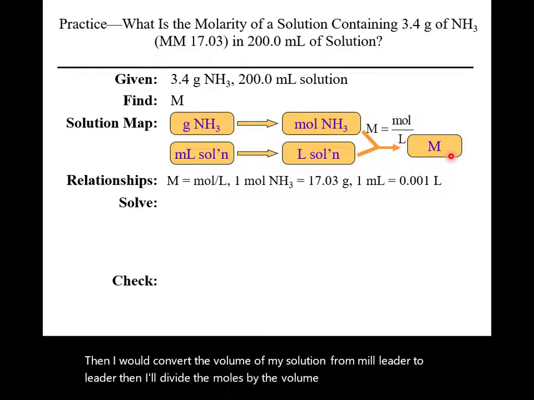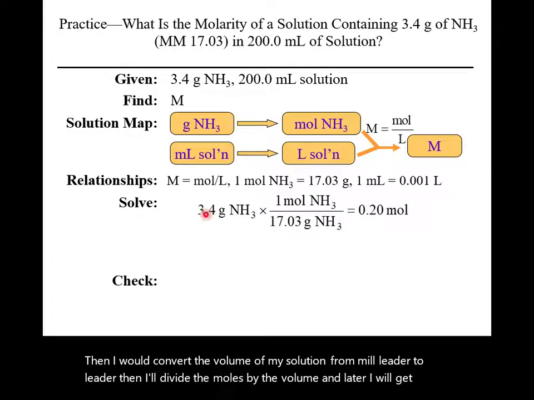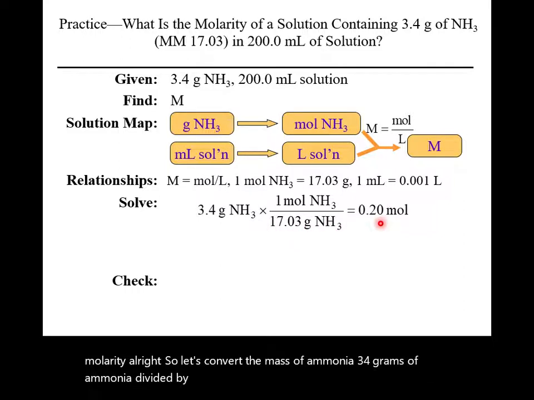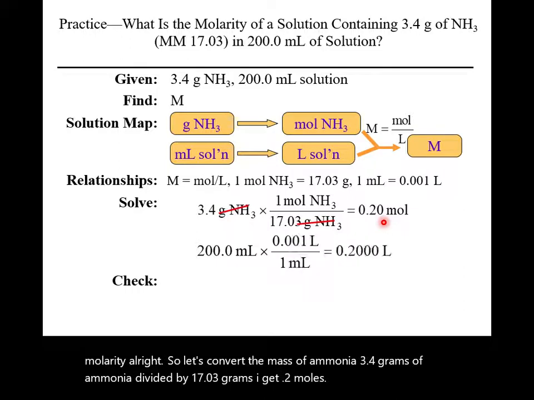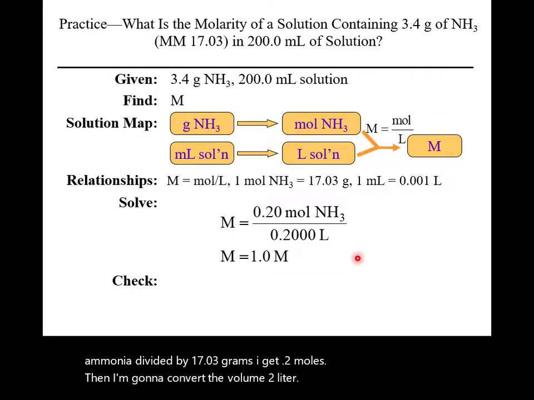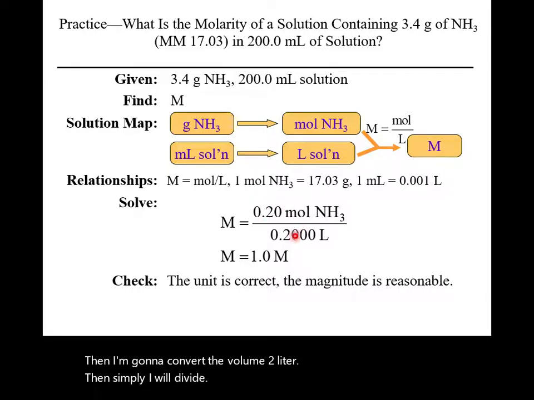I will get molarity. Alright, so let's convert the mass of ammonia. 3.4 grams of ammonia divided by 17.03 grams, I get 0.2 moles. Then I'm going to convert the volume to liter. Then simply I will divide the mole by the volume. I get 1 molar.